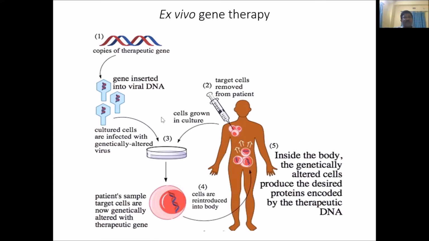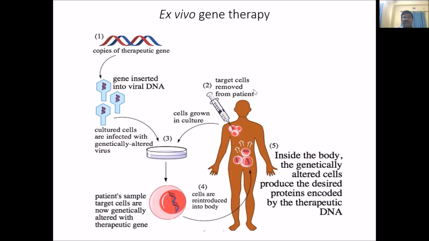What we are doing here, we are making copies of therapeutic genes. Then we have inserted the genes into the viral DNA, that is the vector DNA. And then we have cultured cells which have been infected with the genetically altered virus vectors. And what is the number 2 sequence here?